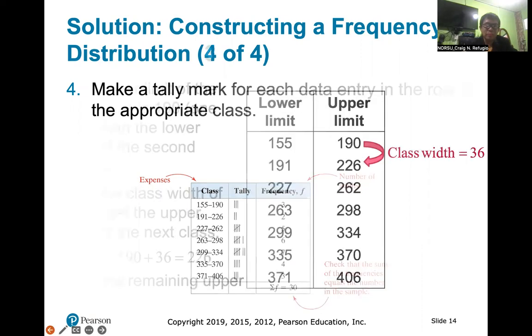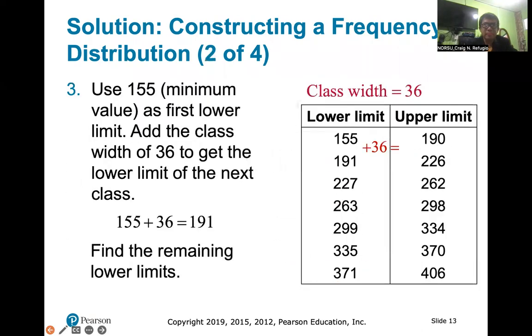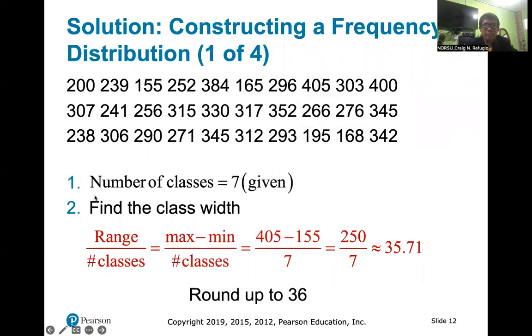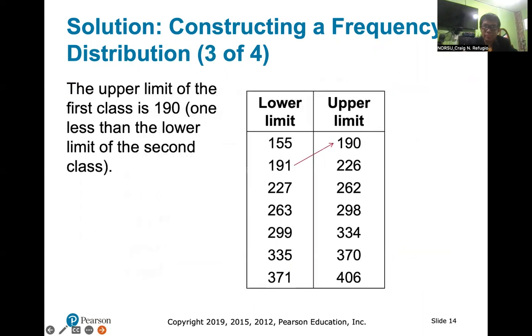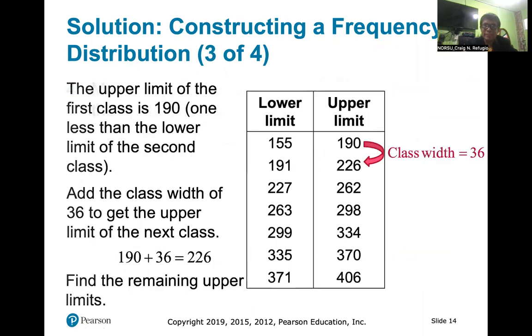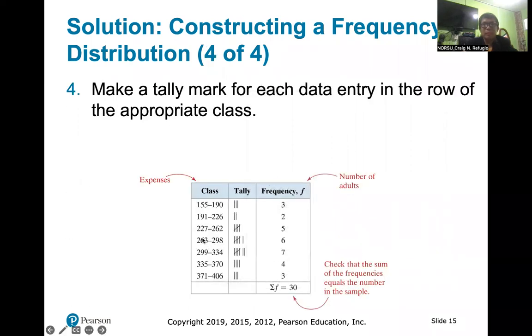Then we go back to the raw data. Next is 239. We have the tallying by row, so locate 239 in the different classes. 239 is found in 227 to 262, so you're going to have another tally.